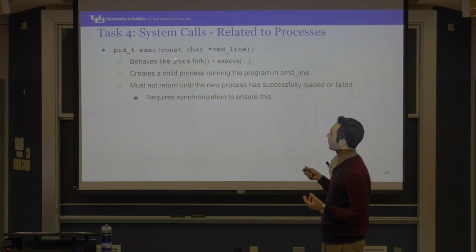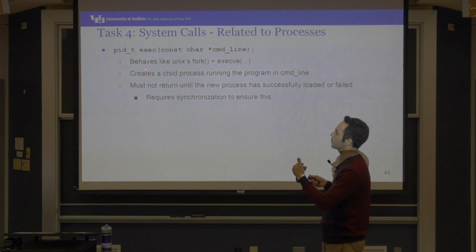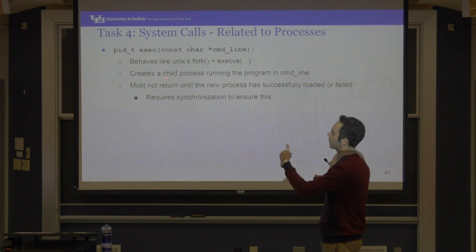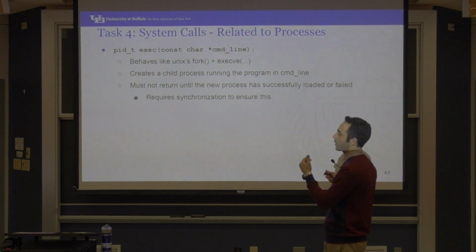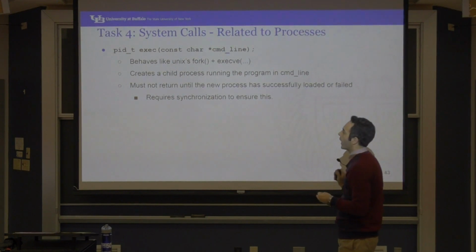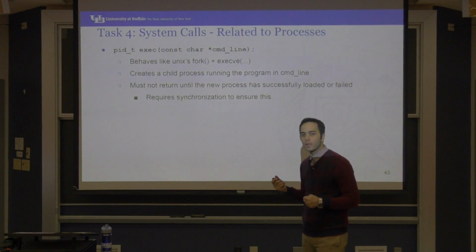So they will give the command line, and when this system call is initiated, the operating system should create a child process, and then that child process should start running this program. And now this is also important: this exec might fail.